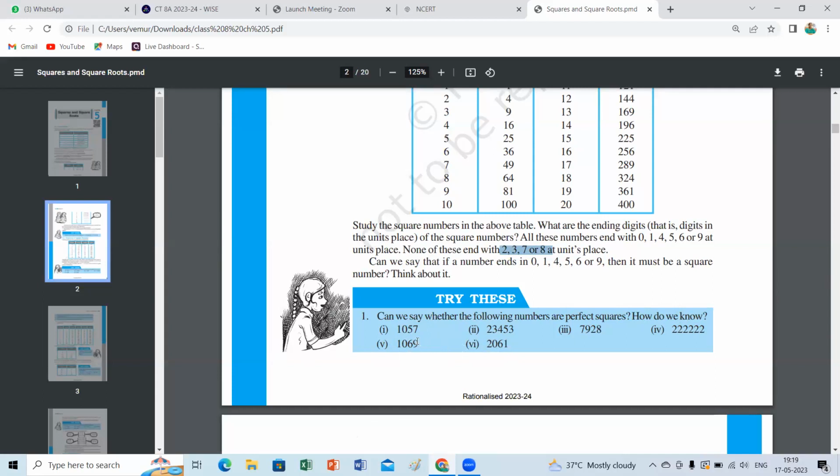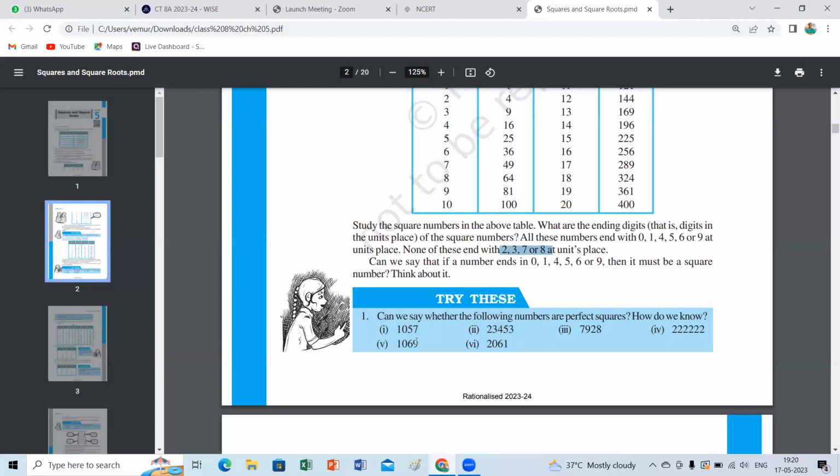If a square number ends with 9, what is the units place of the number? When will you get a square number ending with 9, children? 3 square is 9, right? So the units place probably may be 3. Then you can check the other digit. You know, 25 square is 625.